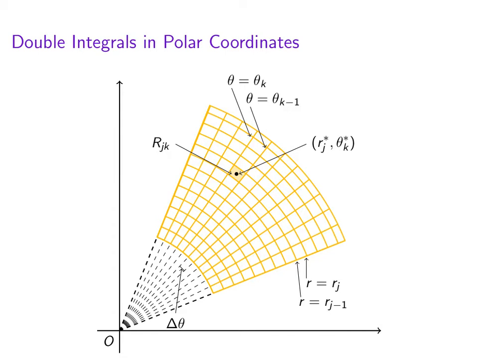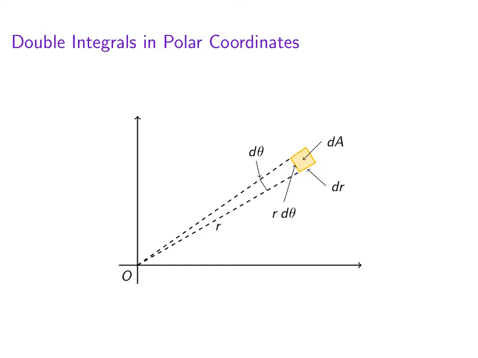You can see I've identified a particular polar subrectangle, R sub jk, and inside that polar subrectangle I've identified a sample point. We'll be talking about that in a moment. Here is one tiny subrectangle.